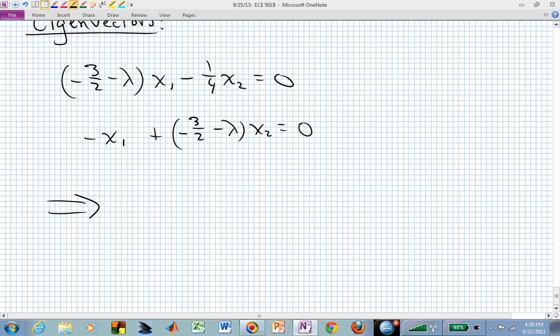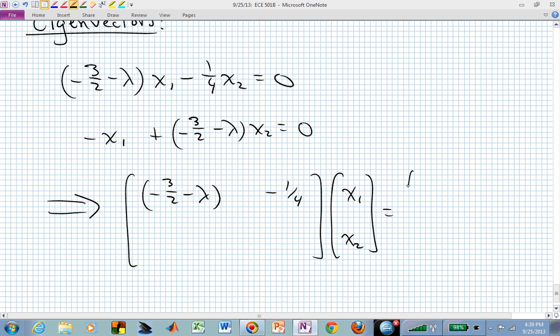With x1 and x2 on the right as a vector multiplying a matrix. Meaning, I can now say that I have a minus 3/2 minus lambda and a minus 1/4, times x1, x2, equaling 0. And that's the first equation. The second equation can go in the second row, and that's a minus 1, and I now have a minus 3/2 minus lambda, 0.